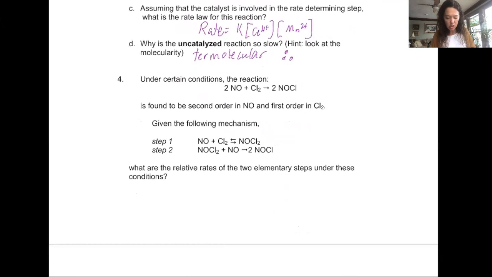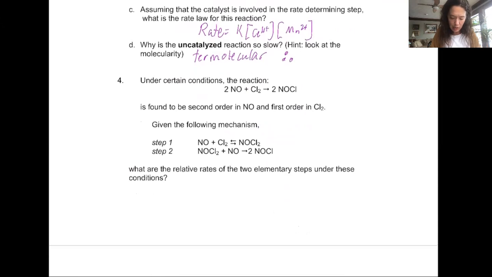Under certain conditions, it is found to be second order in NO and first order in Cl2. Given the following mechanism, what are the relative rates of the 2 elementary steps under these conditions? Well, if it is found to be second order in NO and first order in Cl2, what is your rate law?